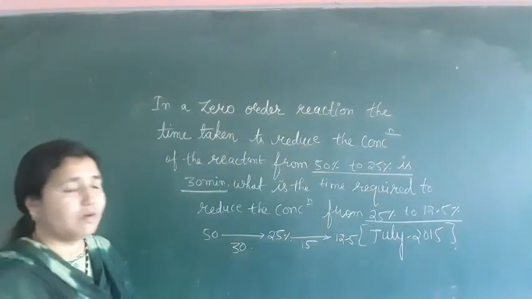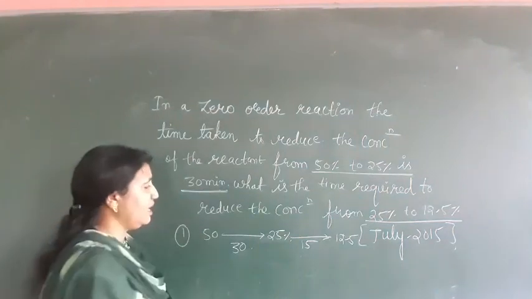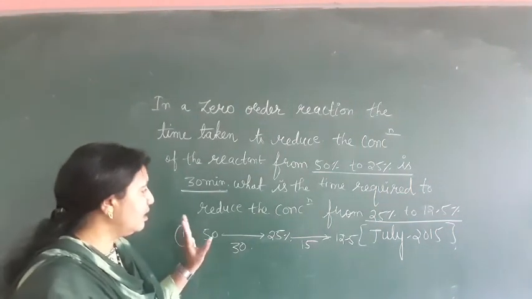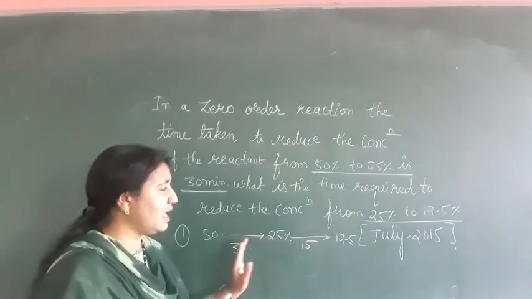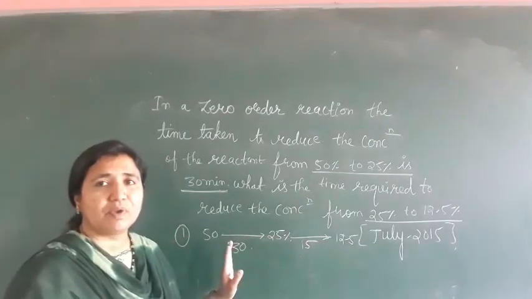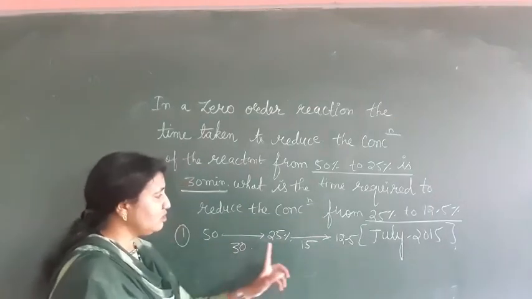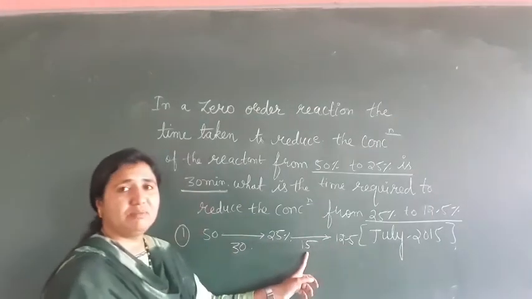This is one trick we have here. So 50 to 25% is 30 minutes, and 25 to 12.5% is 15 minutes.